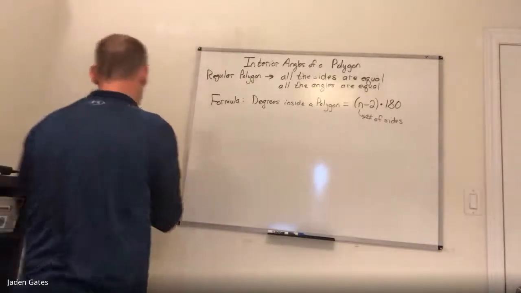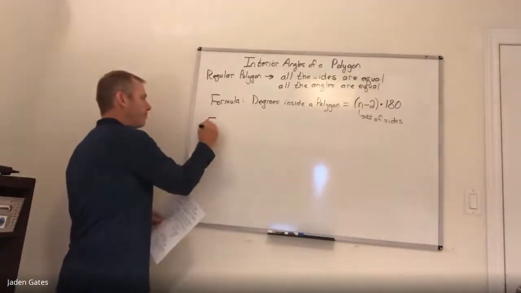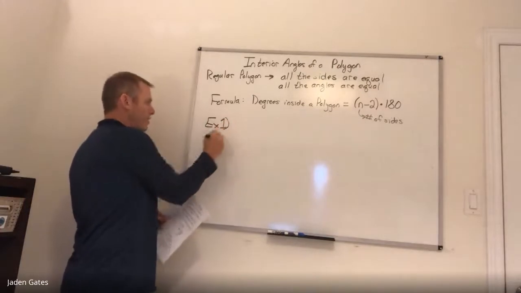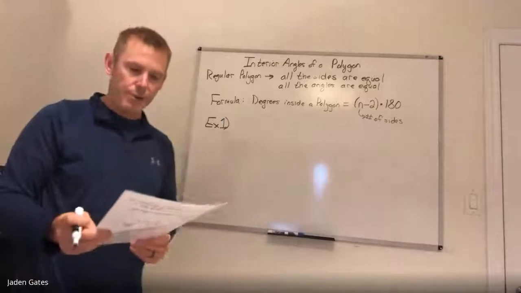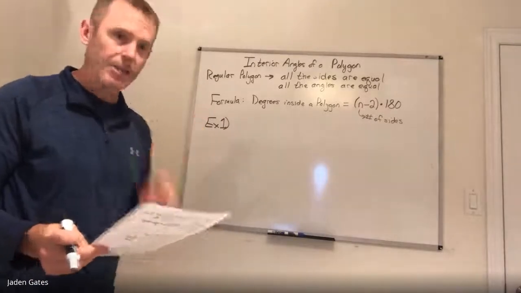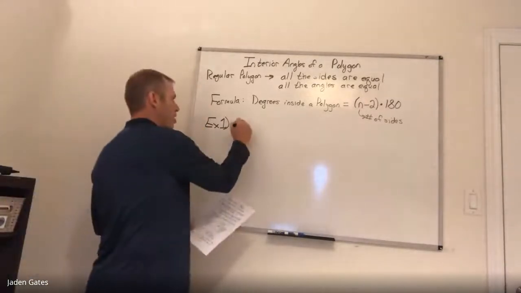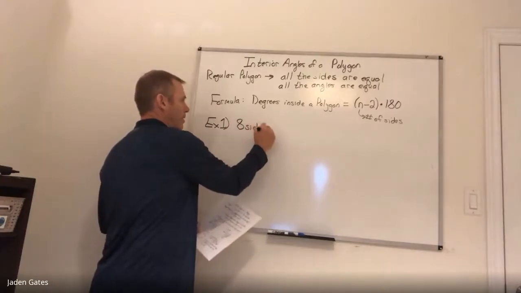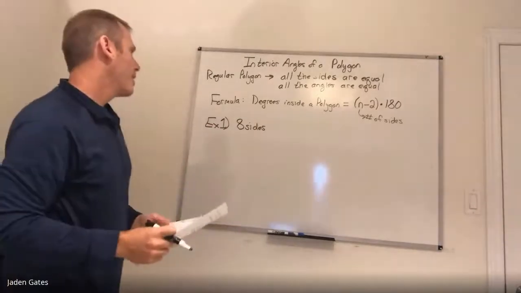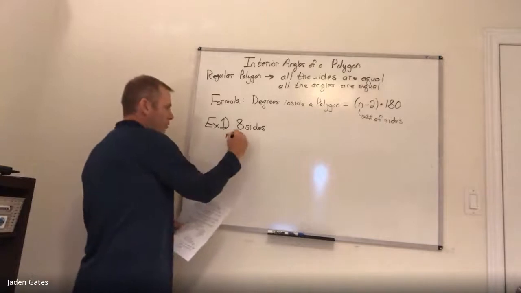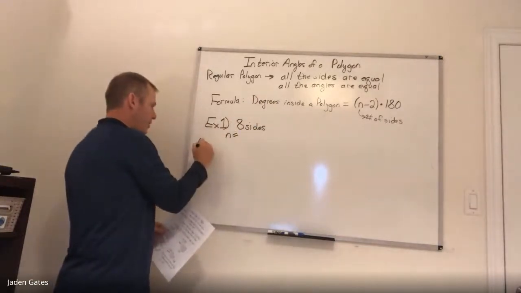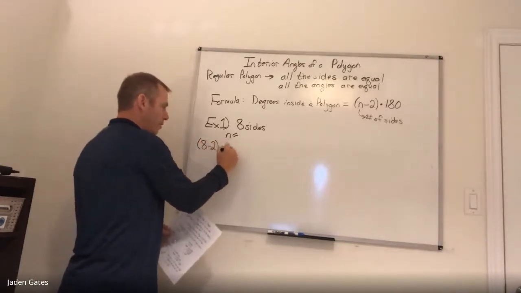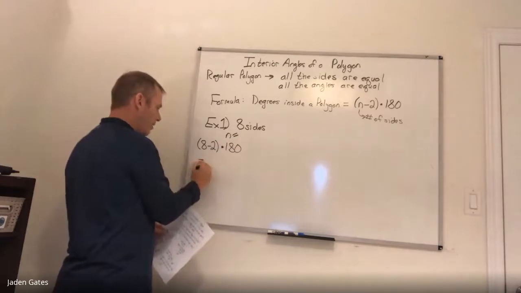So for instance, example 1, which says, find the sum of the interior angles inside a shape with 8 sides. So there's our octagon, and that is our n value. So if I plug into our formula, instead of n minus 2, 8 minus 2 times 180.